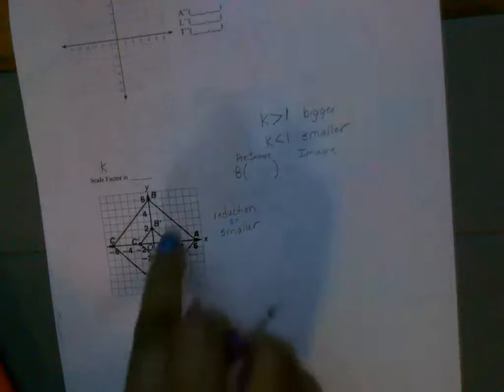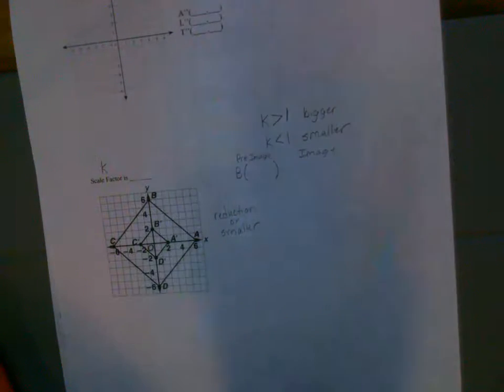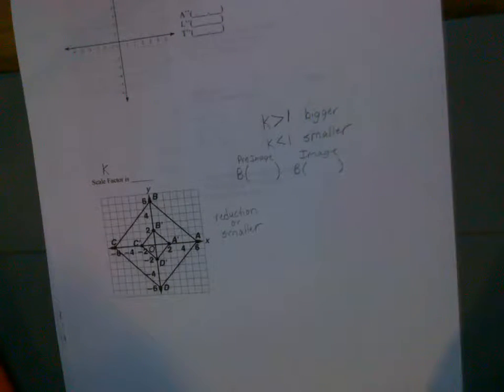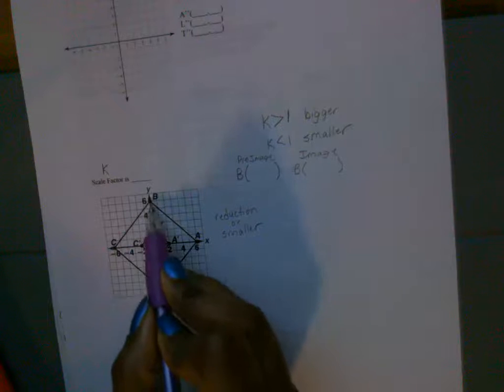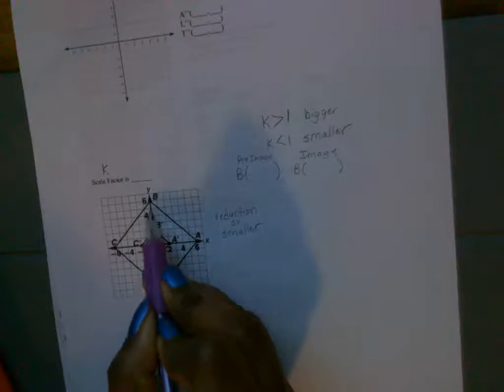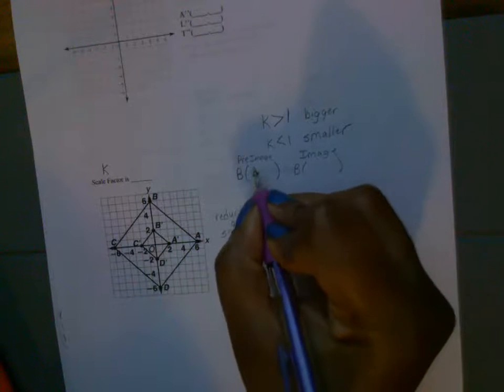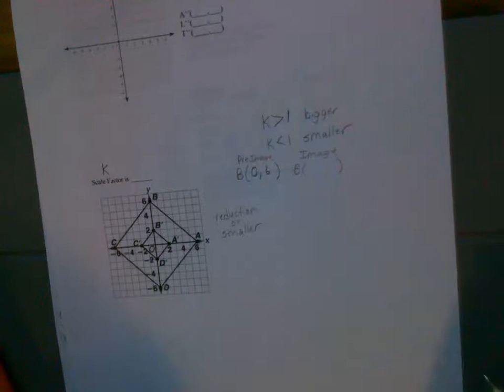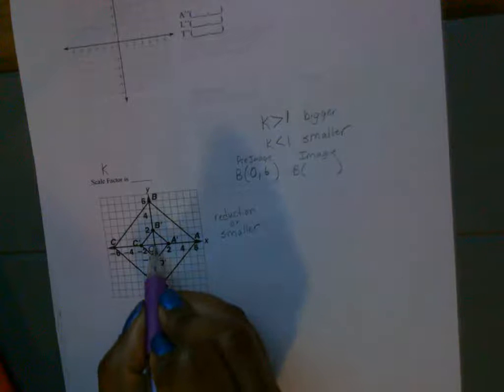So the first thing I did was just choose a point. Doesn't matter what point. I'm going to write the pre-image of that point and the image of that point. The pre-image without the tick marks is 0, 6. The image is 0, 2.